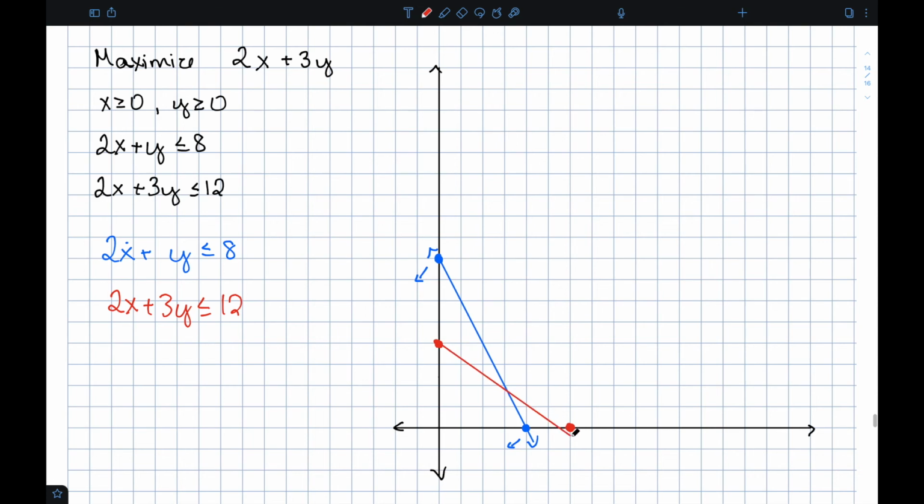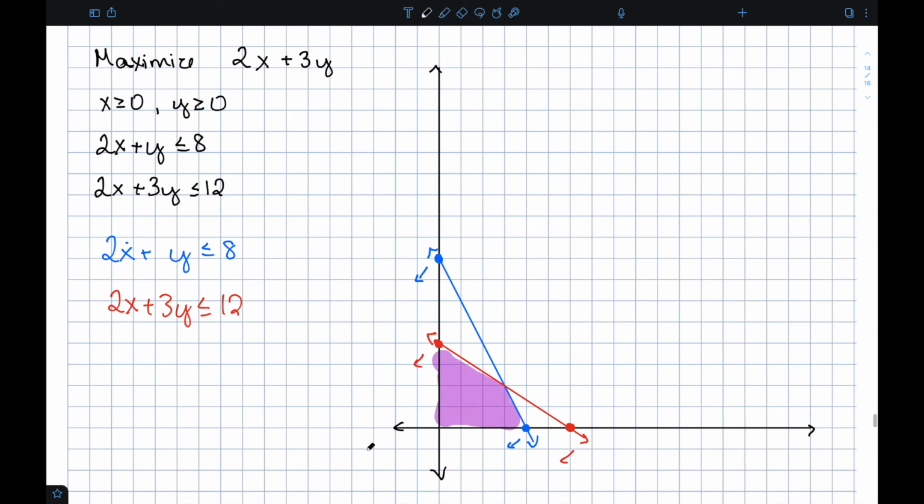And then I can connect those dots. Once again, picking a test point like (0, 0), 0 plus 0 is in fact less than or equal to 12. So I have this shading that's below the red and below the blue, and also still positive.